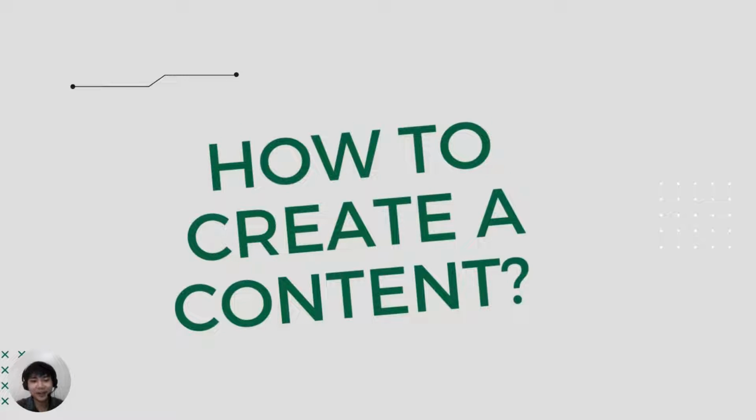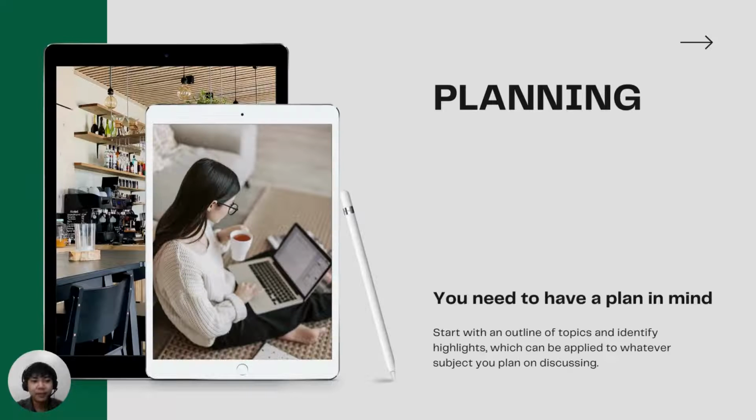So to start creating your content, you need to have a plan in mind. What I mean by plan is that you need to be clear about your content goals. Are you doing the content to let the audience be aware of your social presence, or maybe you want the audience to consider the service by coming across your content?